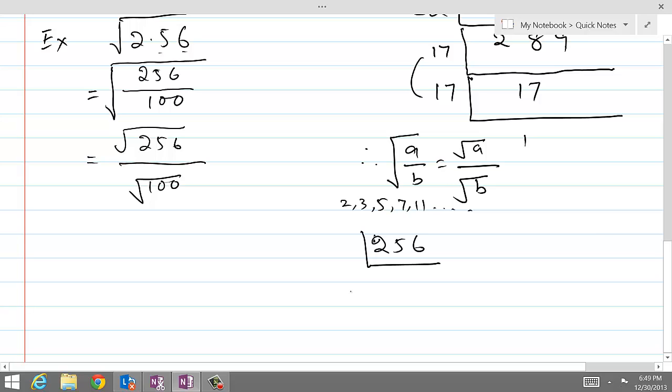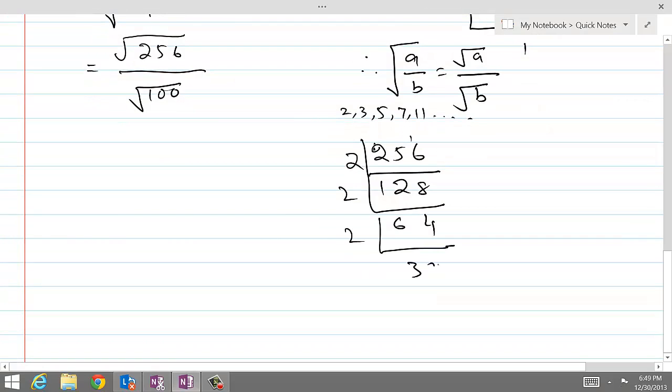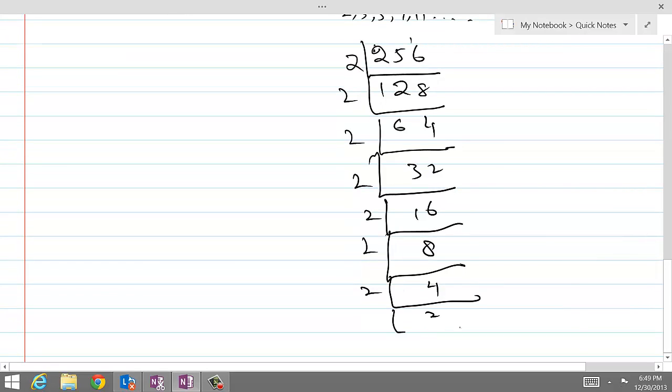We know for a fact that 256 is the perfect square of 16, but let's just use prime factorization. 256 divided by 2 is 128, 64, 32, 16, 8, 4, 2, 1.